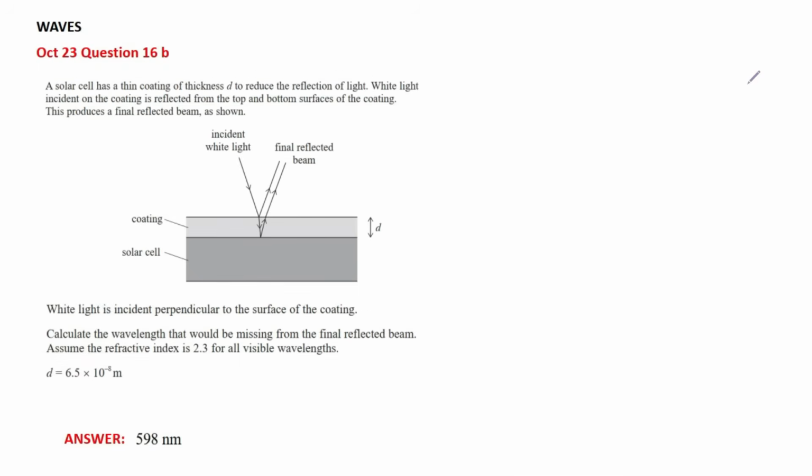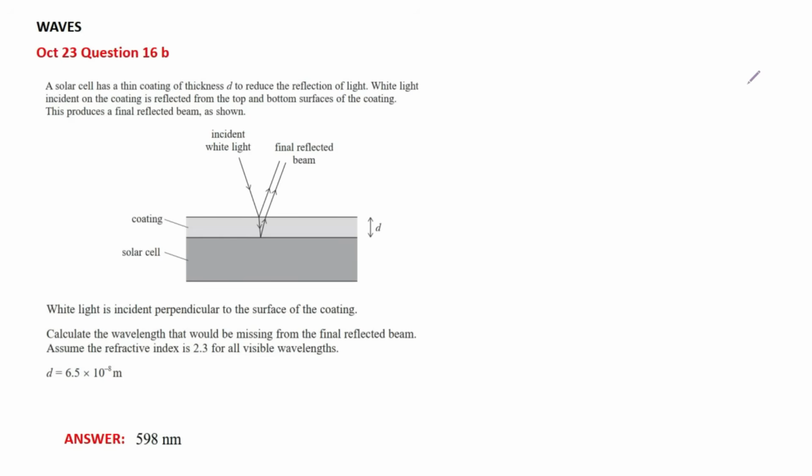This is important. This is from October 23, question 16. A solar cell has a thin coating of thickness d to reduce the reflection of light. When light is incident on the coating, it is reflected from the top and bottom surfaces of the coating. This produces a final reflected beam as shown.